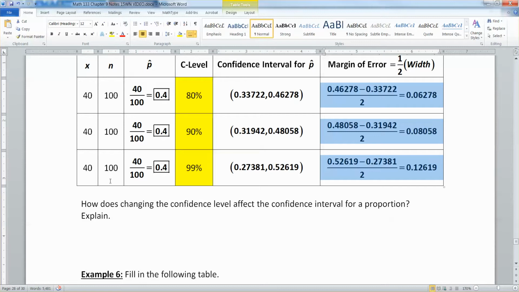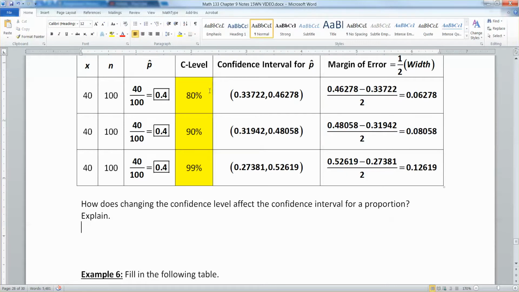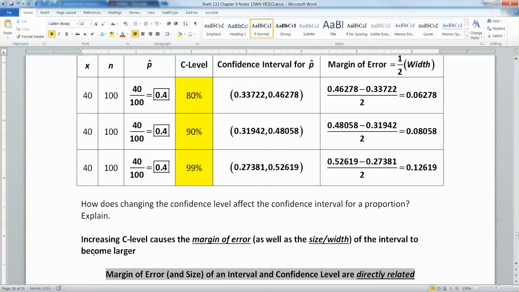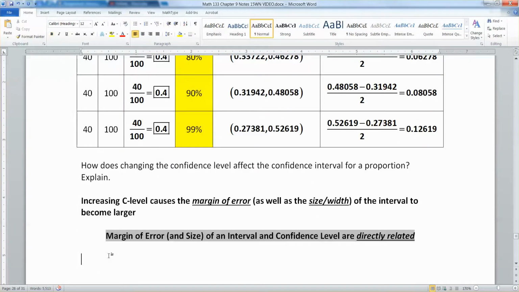So that means that there's a direct relationship going on here. If you increase your confidence level, then you also increase your margin of error, which means you're also increasing the size of your interval. Because remember, size is just the margin of error times 2. So if you increase your confidence level, then your margin of error will increase, and so will the size of your interval.